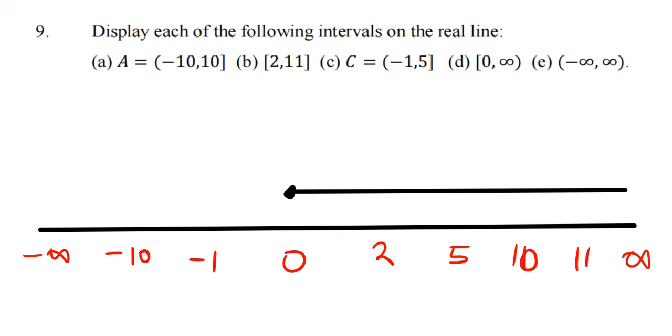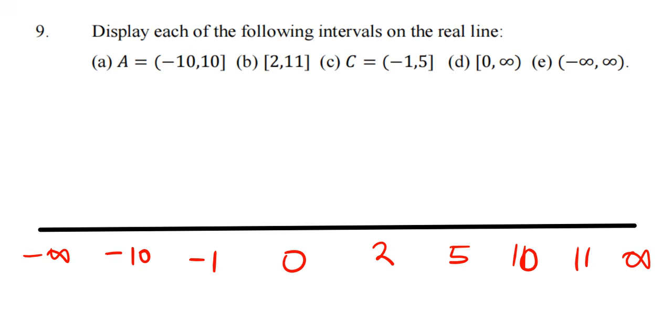Then we're going all the way to positive infinity. I'm just going to put an arrowhead there to show that we are going to go like that. We don't know where we end. For infinity you don't know where you end. That's why there's always an open interval sign there.